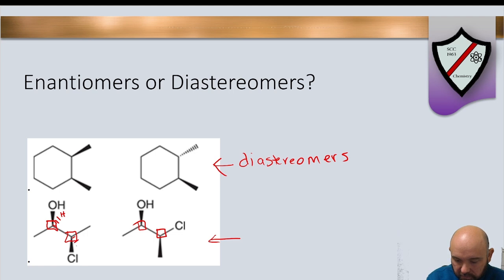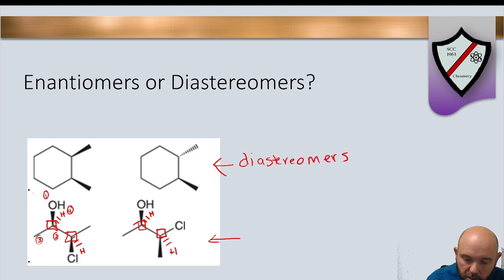And luckily for us, in both of those examples, the hydrogens are already on dashes, so that puts our 4s already on dashes, which is good. Same here, we have an H here that is not shown, and we have an H here that is not shown. So they were nice to us there, and they put the 4th priority group already on a dash. It looks to me like this would be priority 1, this would be priority 2, this would be priority 3, and this would be priority 4.